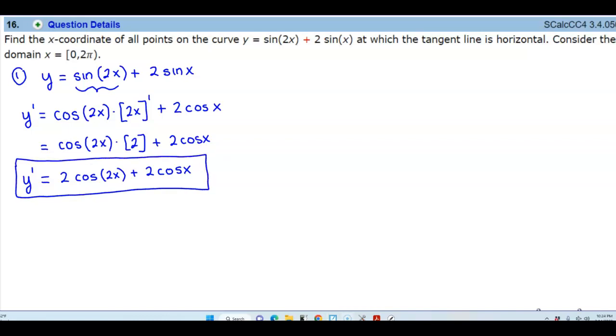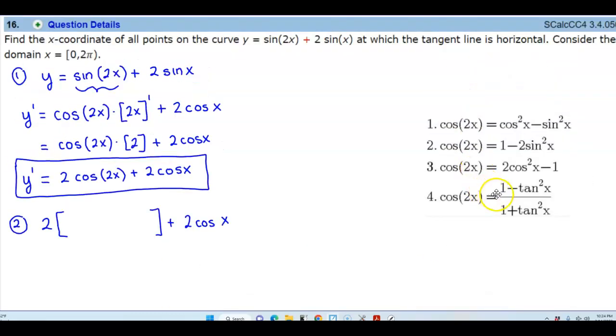So now what we want to do is rewrite this so that we can determine all the x-coordinates at which the tangent line is horizontal. So we need to rewrite this cosine of 2x in another form. We're going to rewrite this function so that it is 2, and then we're going to replace the cosine of 2x with an identity.